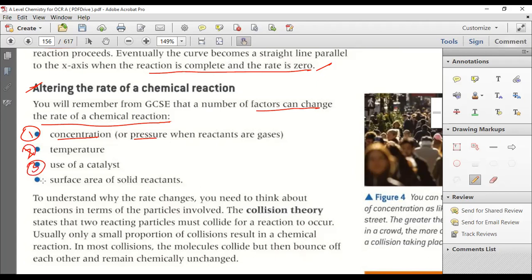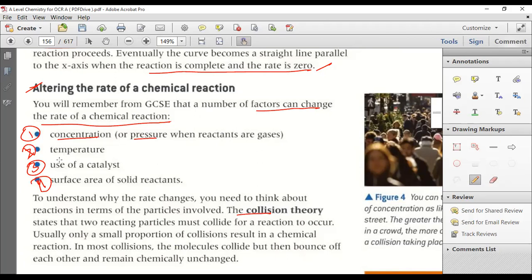Third is the use of a catalyst, and the fourth is surface area for a solid reactant. To understand why the rate changes, we need to understand the reaction in terms of the particles involved, that is the collision theory. These are the things which can change the rate of a chemical reaction.